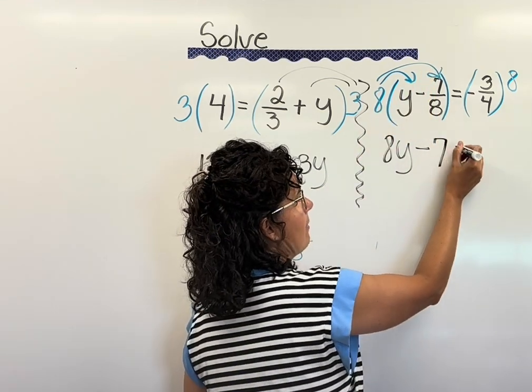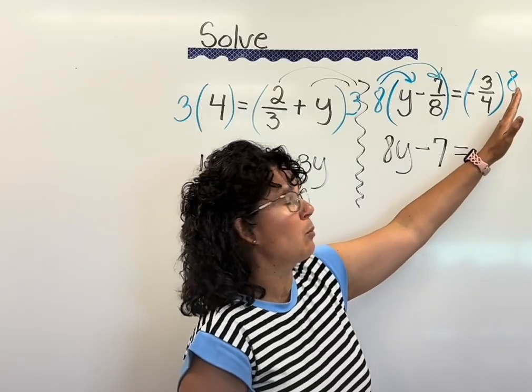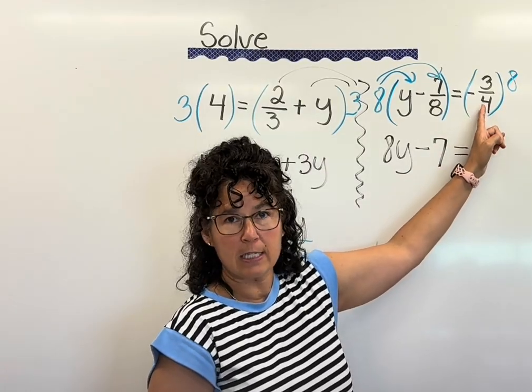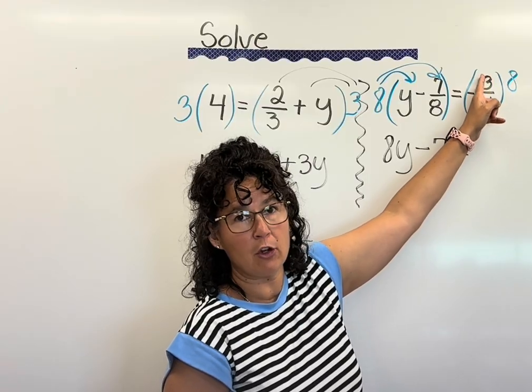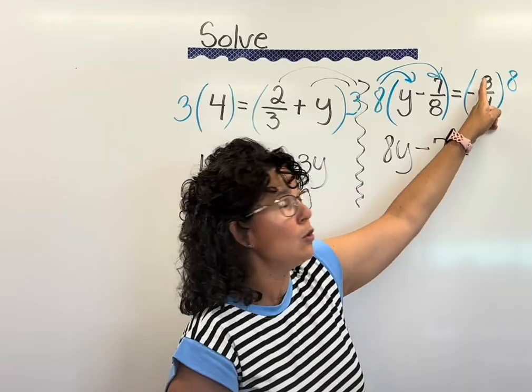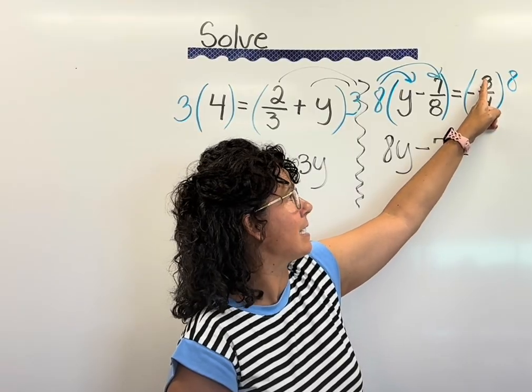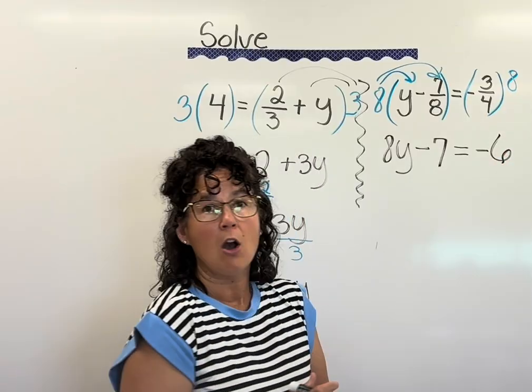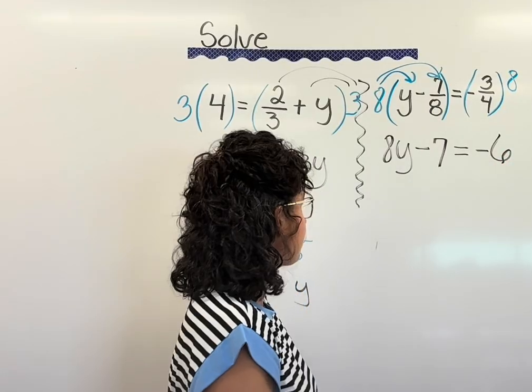So I have minus 7. Let's do that again. When you multiply a number times a fraction, you are dividing by the denominator and multiplying by the numerator. 8 divided by 4 is 2, and then 2 multiplied by 3 is 6. Negative times positive is negative, so I have negative 6. All of my fractions are gone.